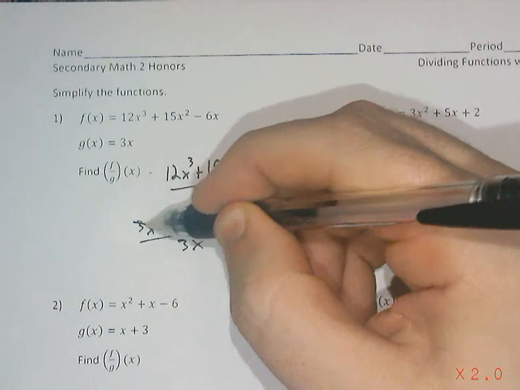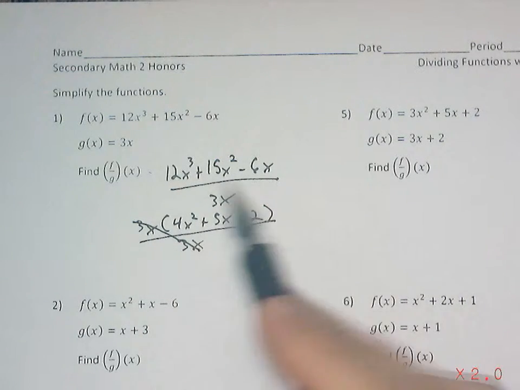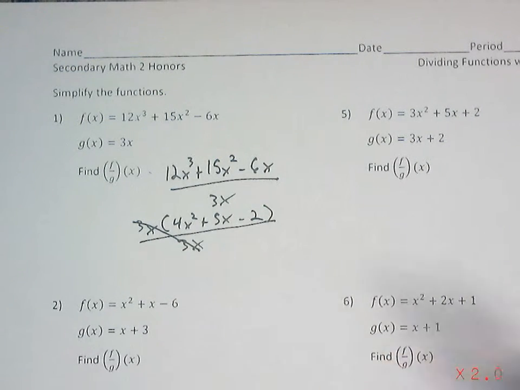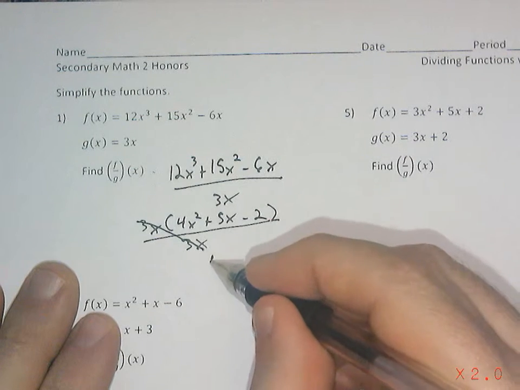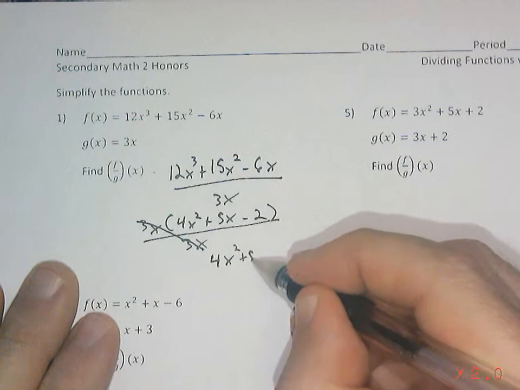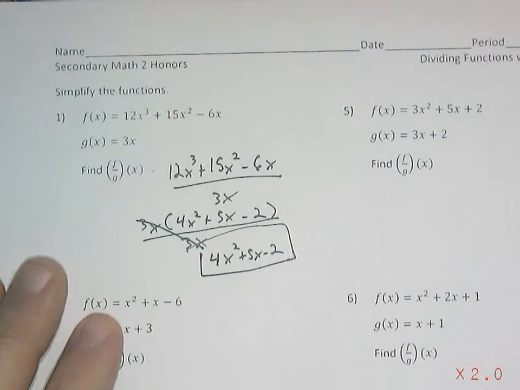They're going to go away. Now all that's left is just this top part. You could put a 1 underneath, but that's the same as not having anything. So my final answer is just 4x squared plus 5x minus 2. Not too bad, not too tough, right?